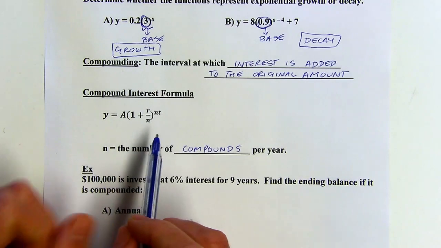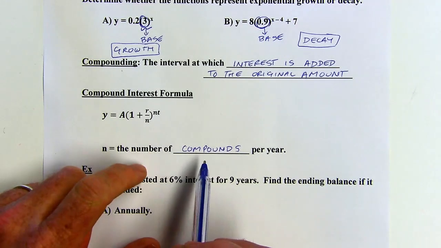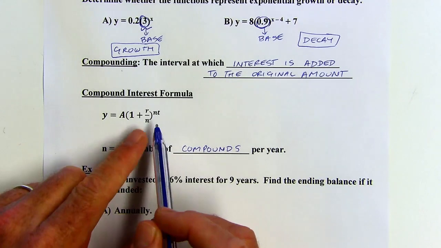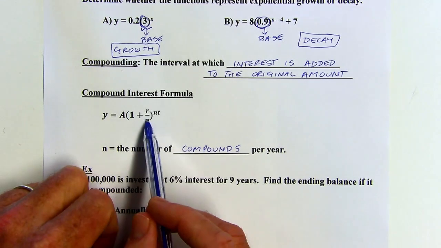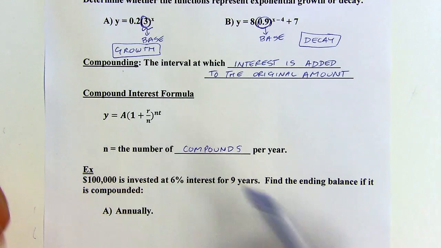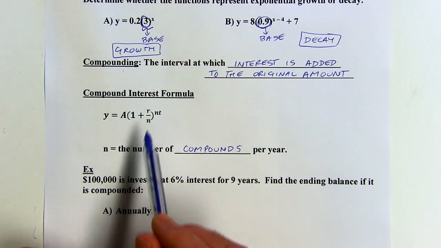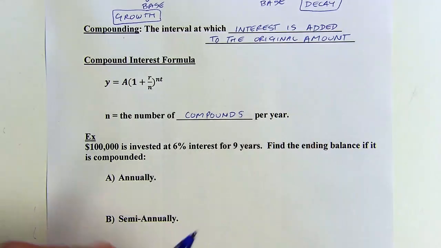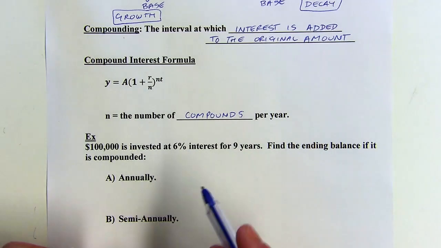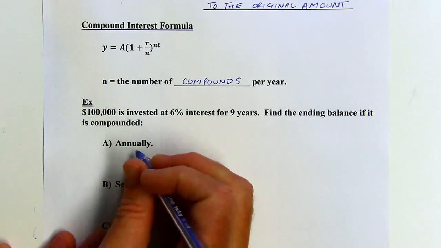If you're compounding once per year, if it's annual interest, then those n's would be 1, and then this would simplify to 1 plus r, and the exponent would just simplify to t. Okay, but you can also use this version with the n's when you have a number of compounds that isn't once per year.